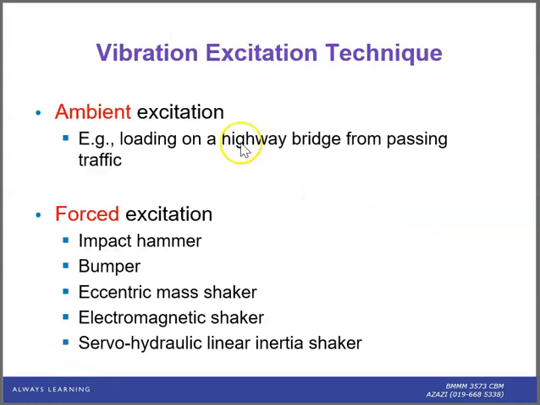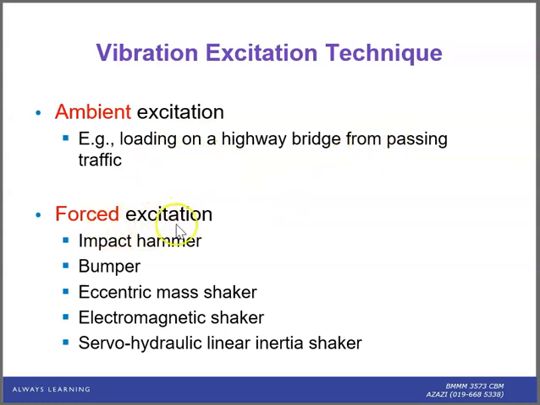Okay, next is the vibration excitation technique. There are two types of excitation: one is ambient excitation, and the second is forced excitation. For ambient excitation, an example is loading on a highway bridge from passing traffic. So the input comes from the passing traffic.